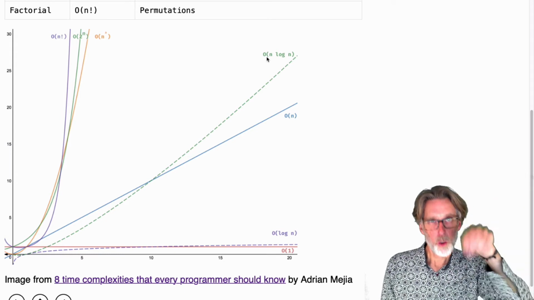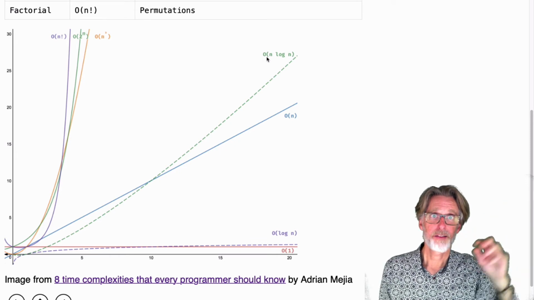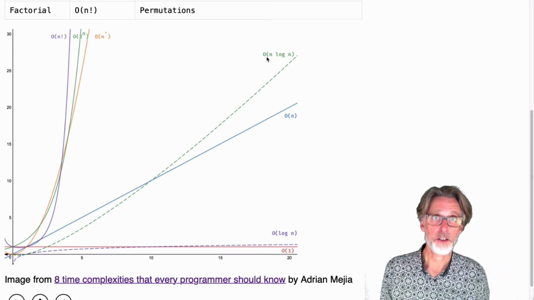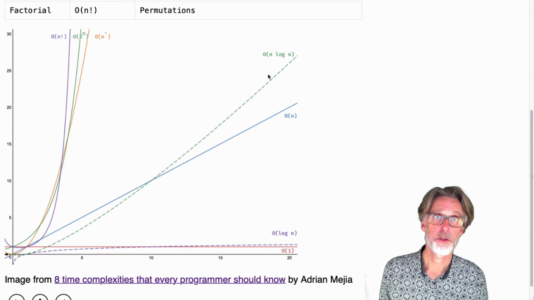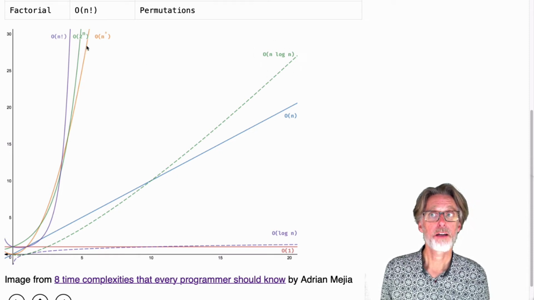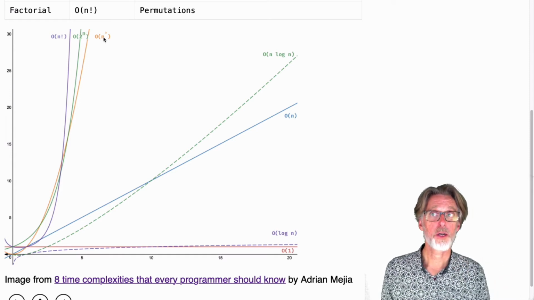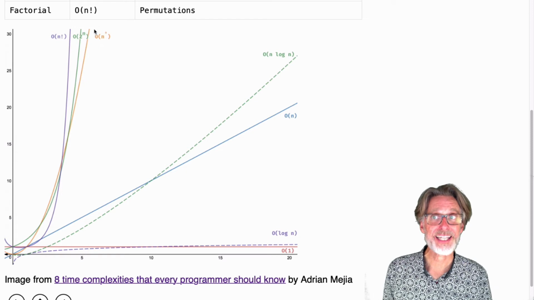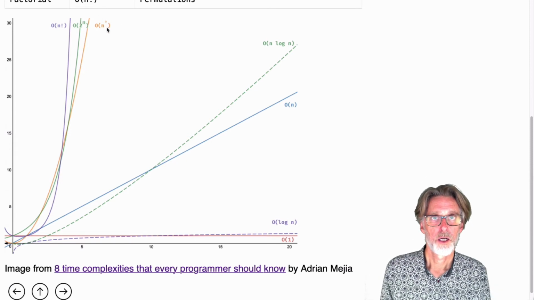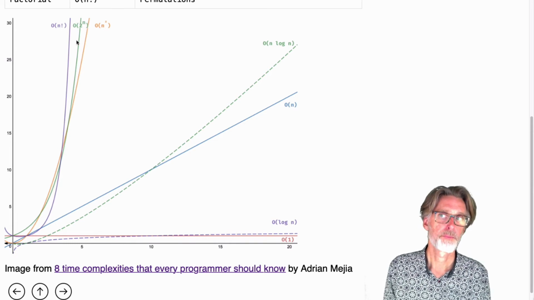If we do a logarithmic amount of work for each element of the input, then we end up with what is called linearithmic time, or n log n. If we do a linear amount of work for each input item, then we're going to end up with quadratic time. I've also graphed the exponential 2 to the n and the factorial function, n factorial.